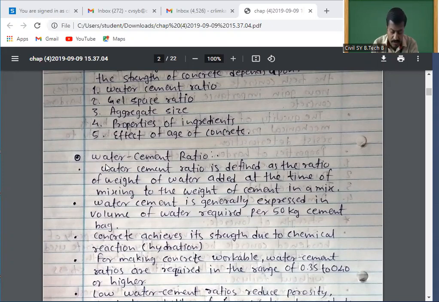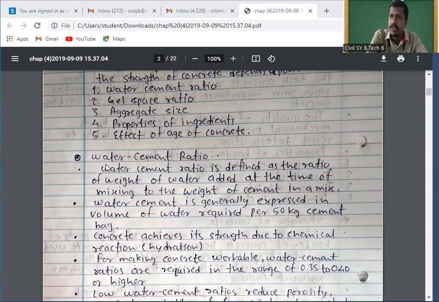This definition was asked previously in competitive exams as well as in your online MCQ test. So water to cement ratio, as I told you, is nothing but the ratio of the weight of water that you have added at the time of making that concrete mix to the weight of cement.